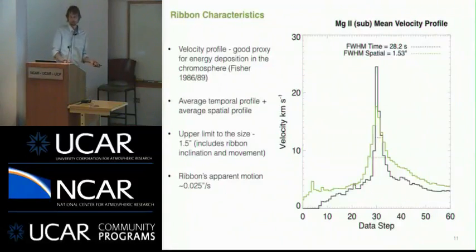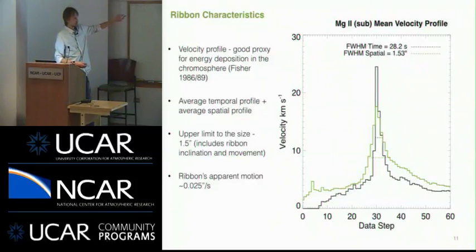So the last thing I wanted to show is to answer Joel's question yesterday. But, yeah, we can use this great observation to really think about the characteristics of the ribbon. And for your simulations where you want a flux for your input energy, you need the size of the ribbon.